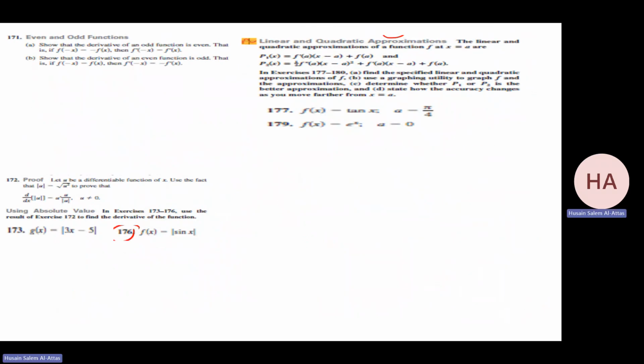Now we'll have these questions, 171, even and odd numbers: show that the derivative of an odd function is even. Function odd means what? It means f of minus x equals minus f of x.